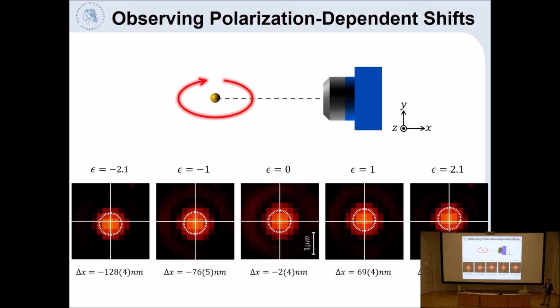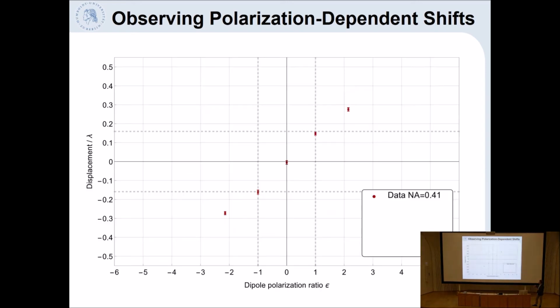So if we now plot the fitted shifts here as a function of this ellipticity, then we see that they indeed lie nicely. So this is the apparent displacement of the emitter as a function of dipole polarization ratio, and we see that for this experiment where we had a numerical aperture of 0.4, we have a nice, more or less linear shift of the apparent position of the emitter as a function of the ellipticity of the light.